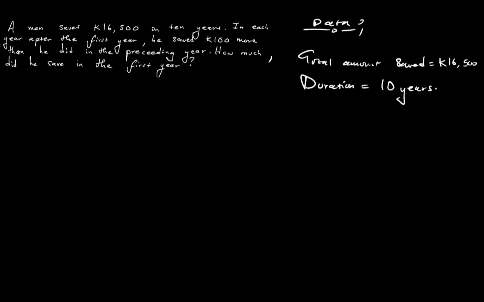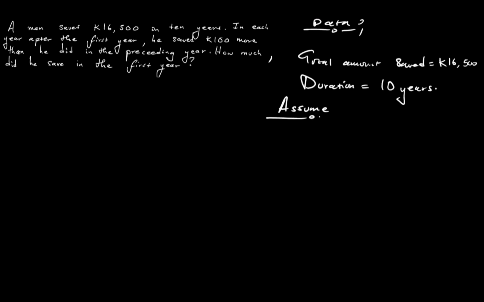Now, what else is present here? I need to understand this statement. It says that in each year after the first year, he saved 100 kwacha more than he did in the preceding year. Now, let's take an assumption.